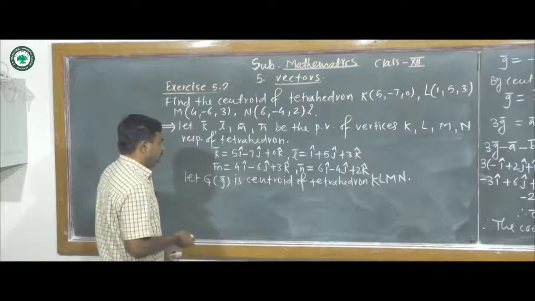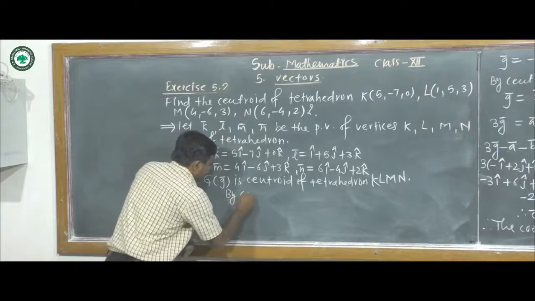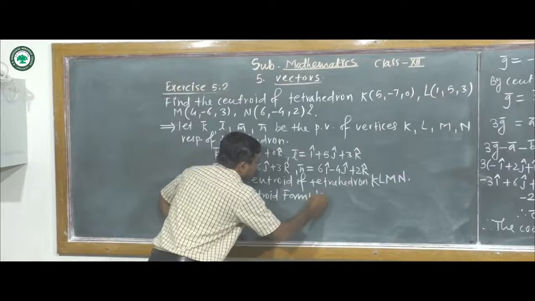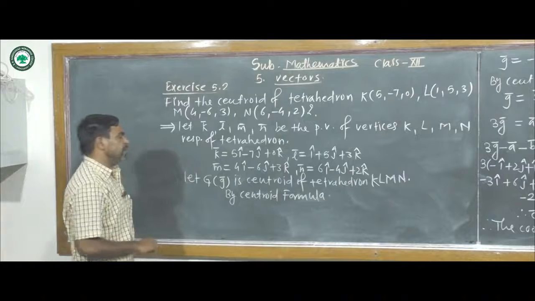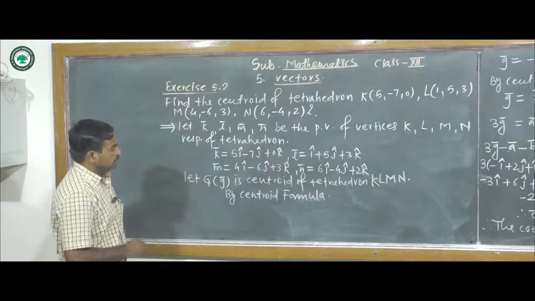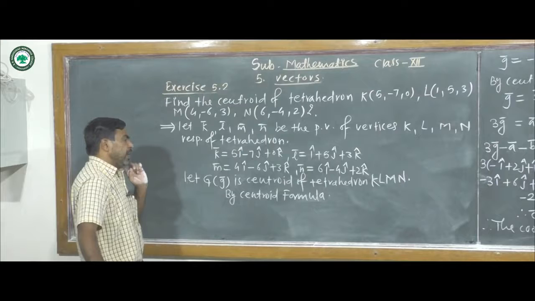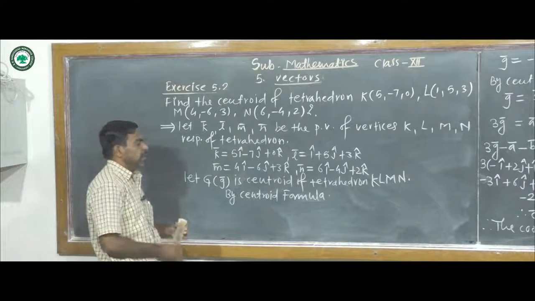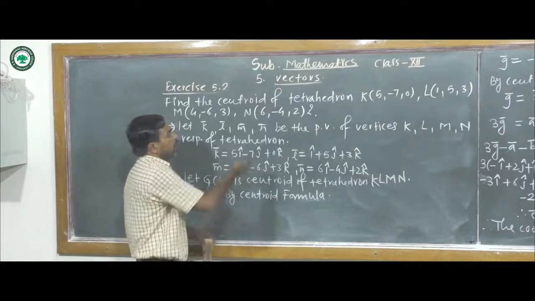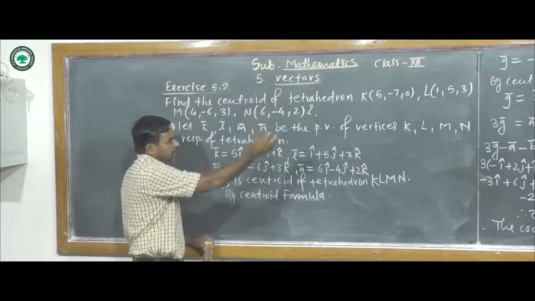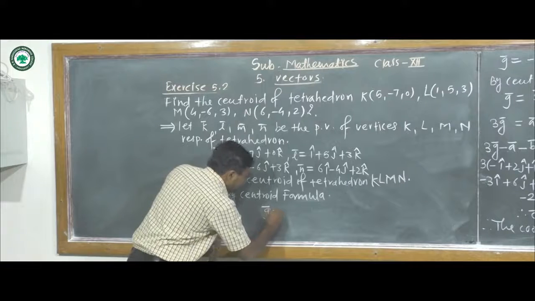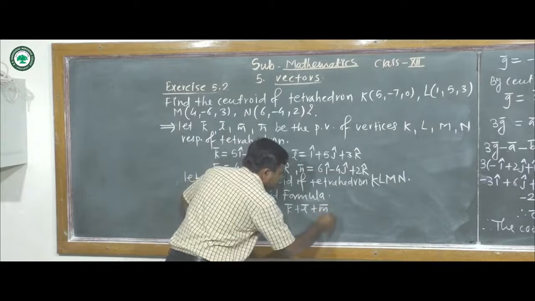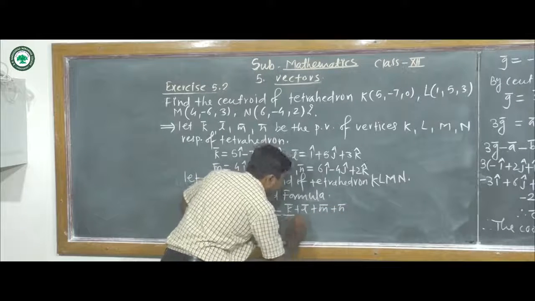So by centroid formula, we know that if small z bar is the position vector of the centroid of the tetrahedron ABCD, then small z bar is equal to a bar plus b bar plus c bar plus d bar divided by 4. Now here the points are K, L, M, N. So by centroid formula, z bar is equal to small k bar plus small l bar plus small m bar plus small n bar divided by 4.